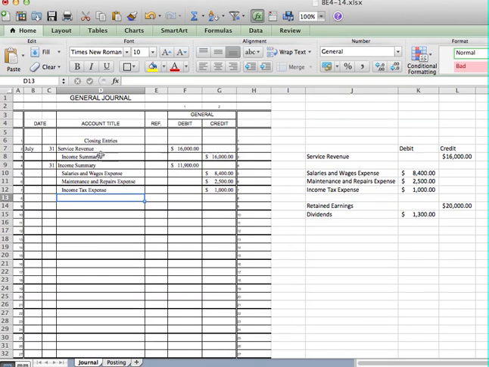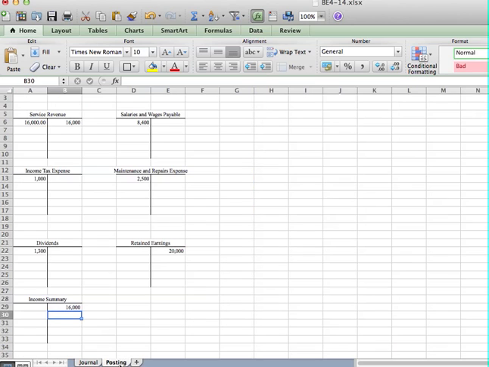That was our first posting. Our next posting was to debit income summary for $11,900 and credit the expenses. $11,900 is a debit, and then we credited these: $8,400, $2,500, and $1,000.